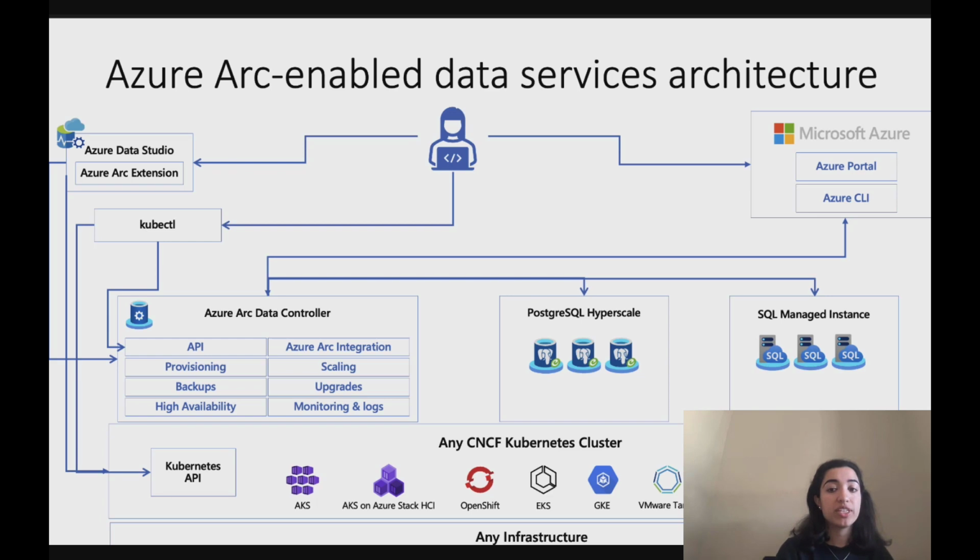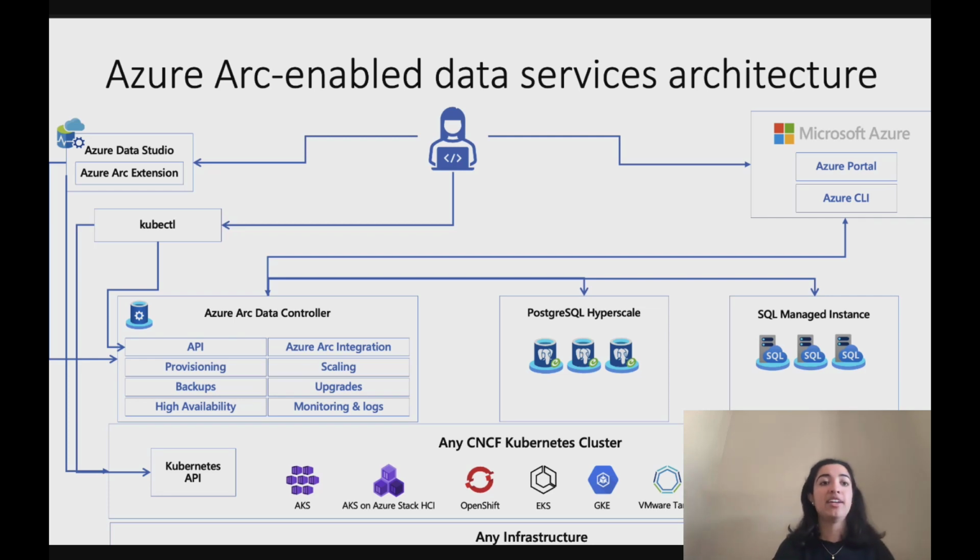So now after this, what we can do is deploy the database engines. There are 2 options as of today in data services, and those are your SQL managed instance and Postgres. You can actually deploy either of these through the Azure portal, through the AZ CLI, or even through Azure Data Studio.